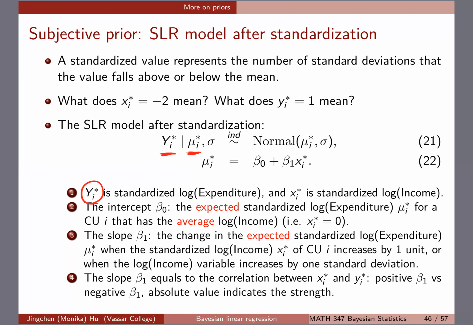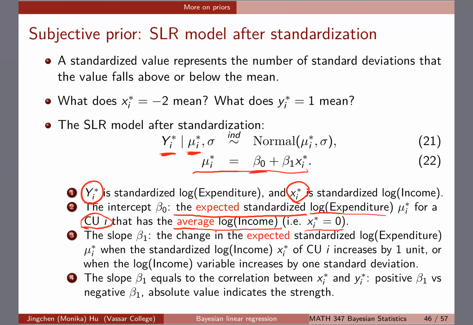So yi star is the standardized log expenditure, and xi star is the standardized log income. The intercept now becomes something different. Even though we still have the general write-up, beta 0 is now the expected standardized log expenditure for a particular consumer unit that has the average log income, because for that observation, xi star is 0.